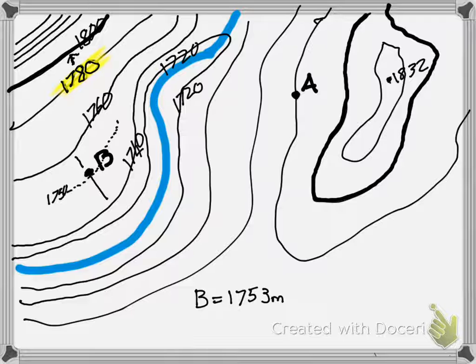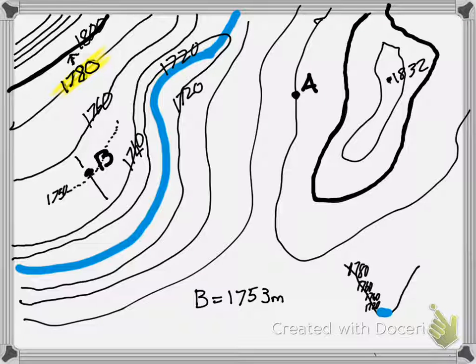There's a river. And what do we know about a river? A river is in a river valley, so it looks like this. There's our river valley, and there's our river flowing. We were on the left hand side going 1780, 1760, 1740, 1720.